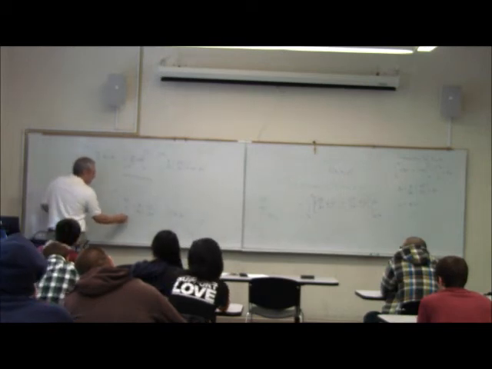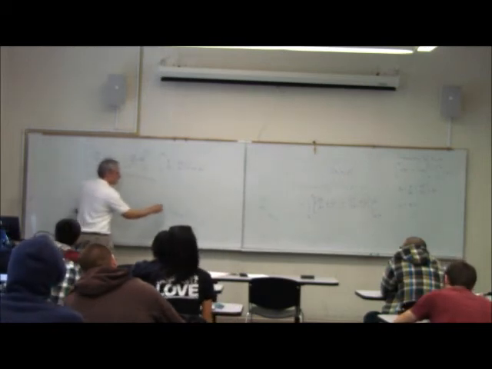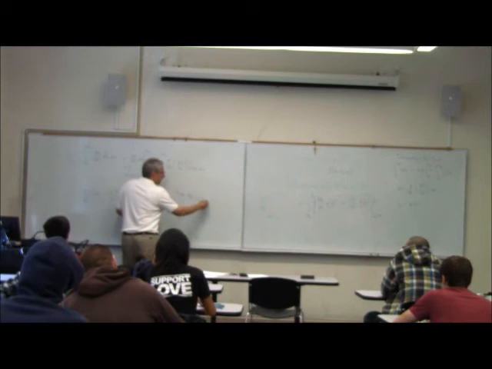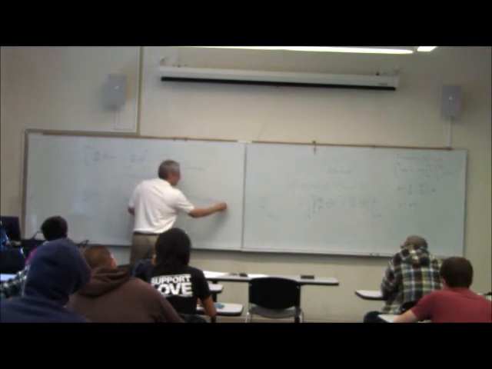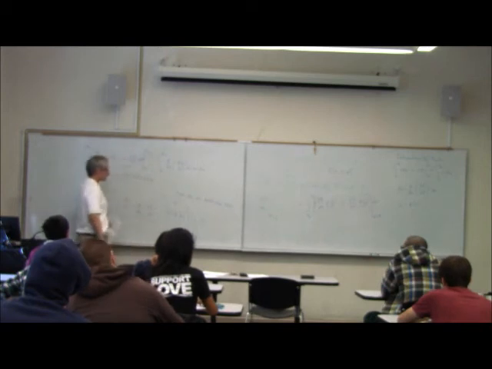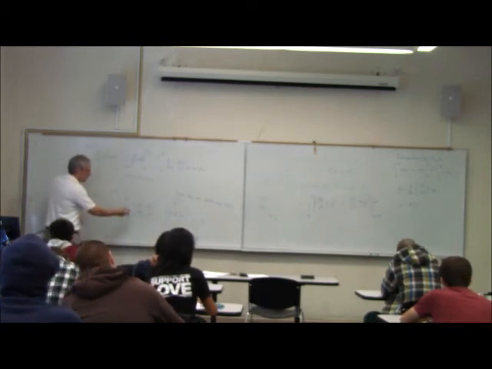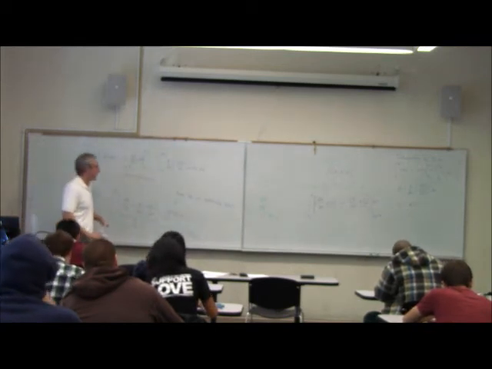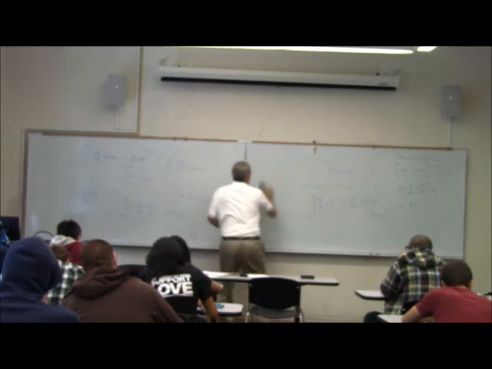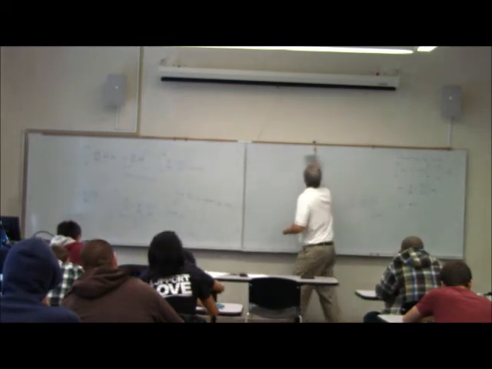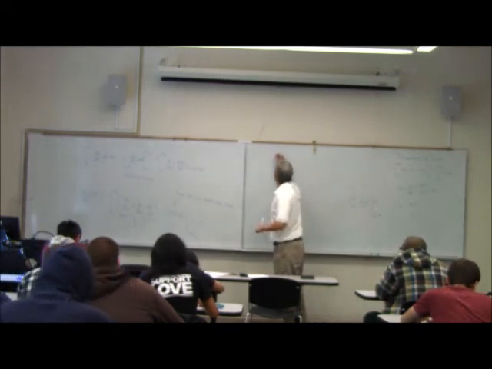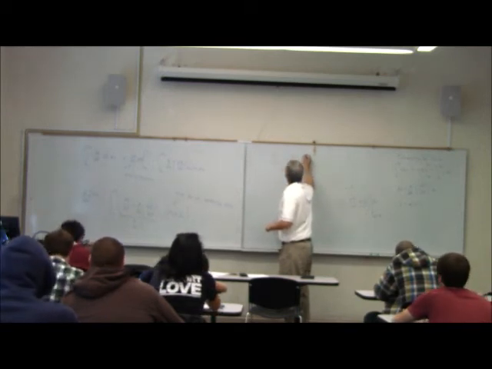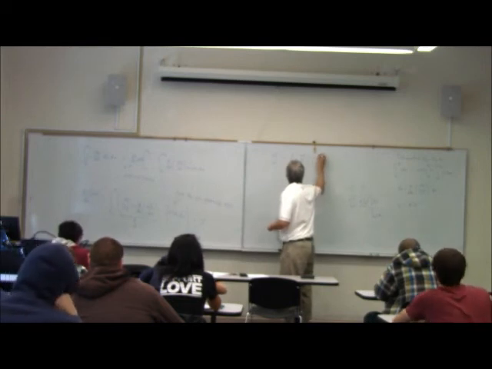So in other words, because this is true for all possible epsilon of x, then that means that this thing that's inside the integral has to be equal to 0. And that quantity inside of the integral is partial f partial y prime minus d dx partial f partial y is equal to 0.